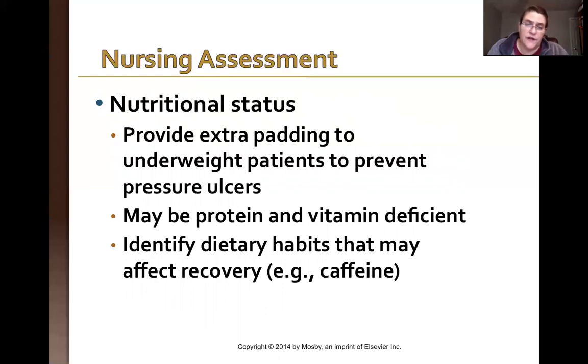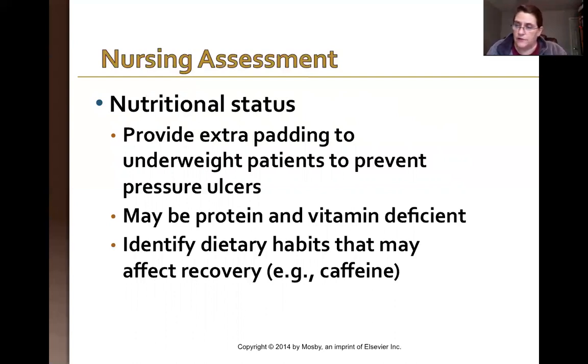We can identify any kind of dietary habits that may affect recovery. And although we don't necessarily think about it, caffeine is a big deal, especially for people like me that drink a lot of coffee. If I have to have surgery and they tell me I can take my morning meds, I automatically throw an Excedrin tablet in there because of the caffeine content, because I am a heavy coffee drinker and I don't want to deal with that coffee headache.